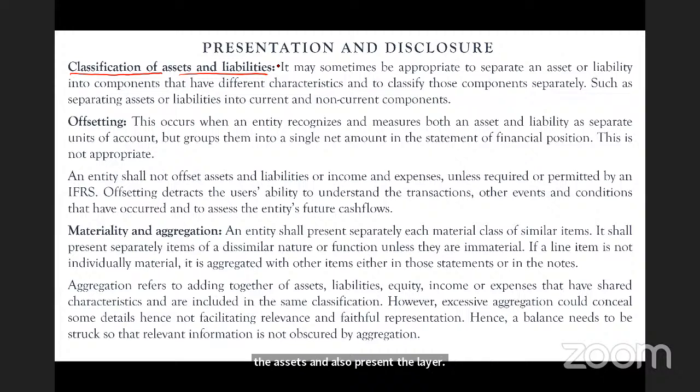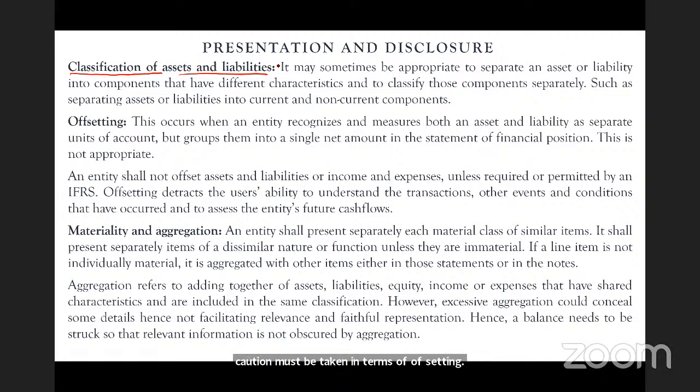Don't offset. Meaning you're not allowed to knock off liabilities from assets and just present the net assets. That is wrong. However, in certain minimal scenarios, offsetting may be allowed, but very slight scenarios. But a lot of caution must be taken in terms of offsetting.